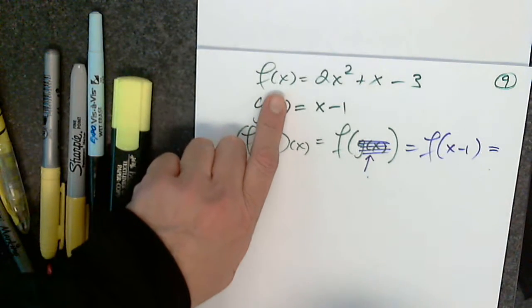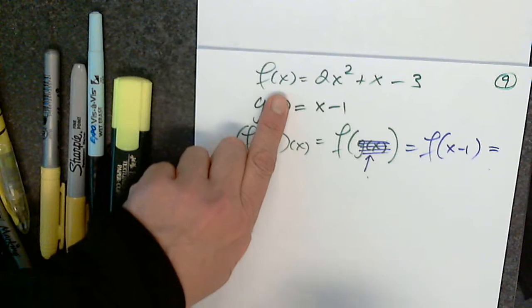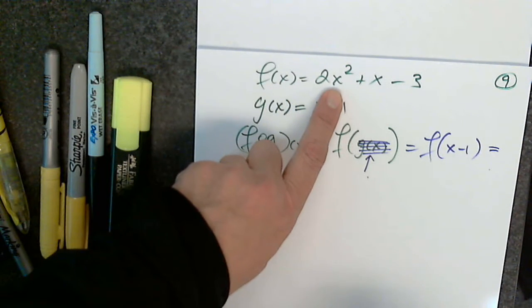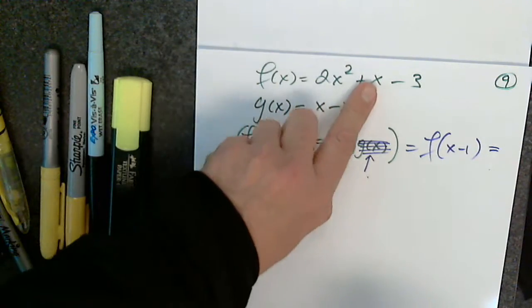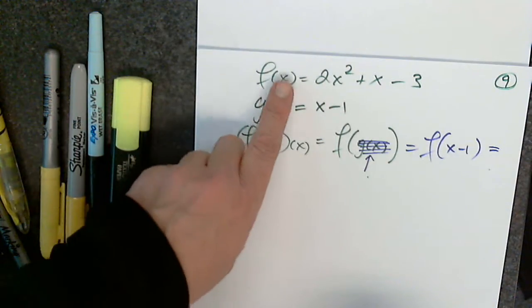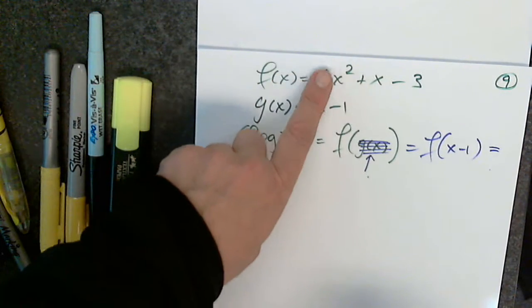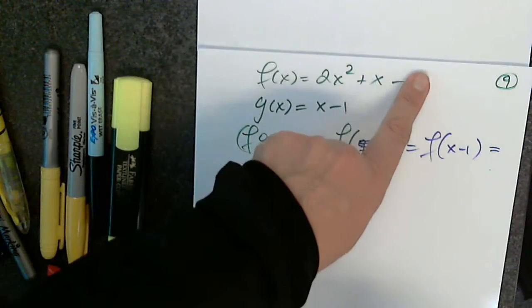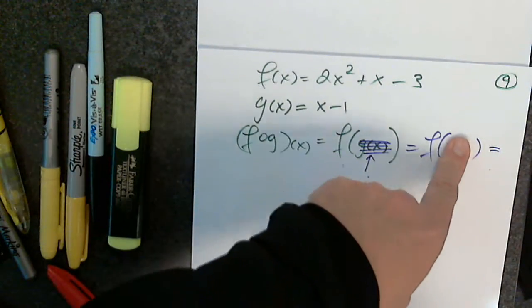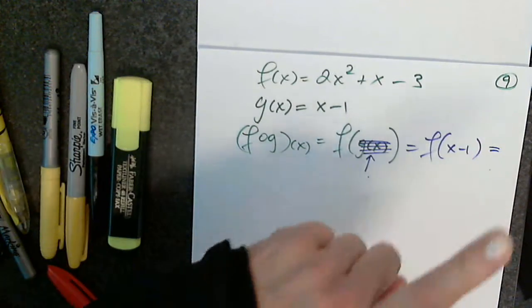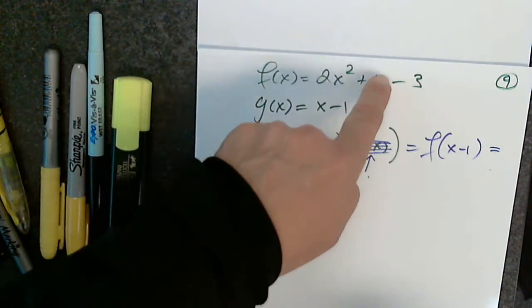F tells us this: f of whatever equals 2 times whatever squared plus whatever minus 3. One more time. F of whatever equals 2 times whatever squared plus whatever minus 3. Now this is whatever. This is my whatever. So this goes in here and goes in here.